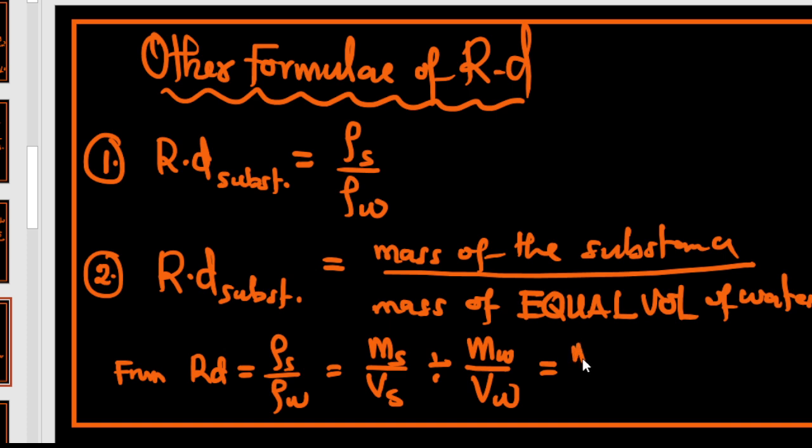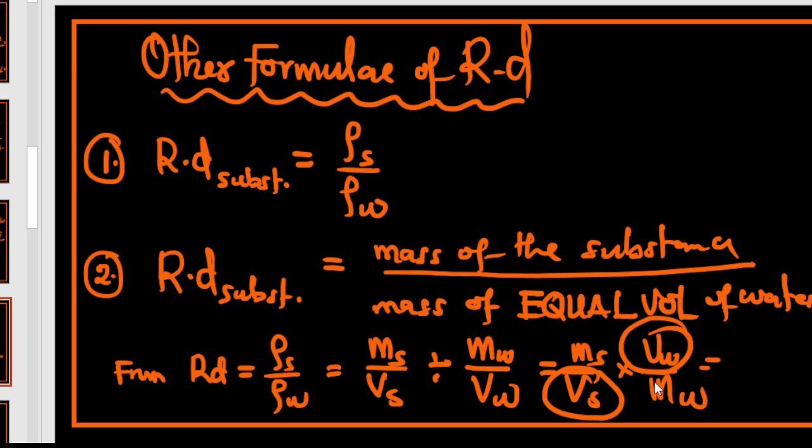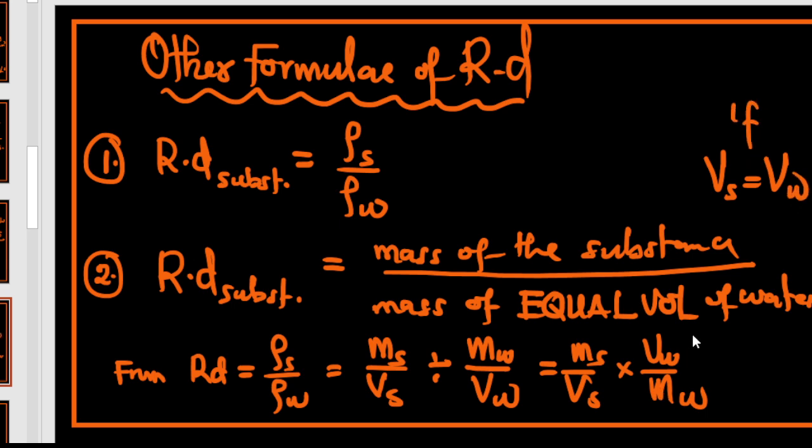This becomes mass of a substance over volume of a substance times volume of water over what? Mass of water. Now, these two volumes here can only cancel out on one condition, if they are equal. So we have to say that if volumes are equal, that is V of the substance equals V of water, this will cancel out. We'll end up with mass of a substance over mass of water. So you can see why it is necessary for you to put in what? Equal volume.